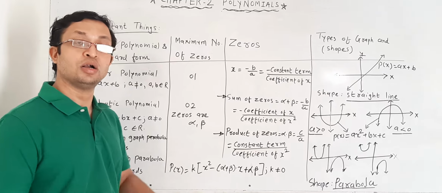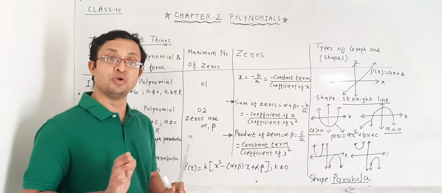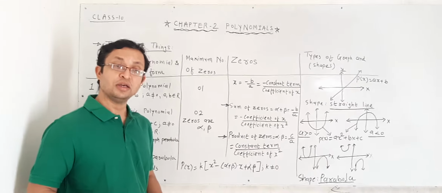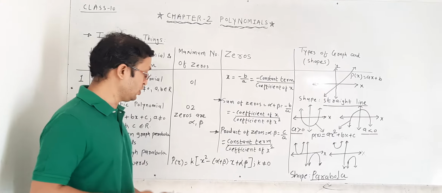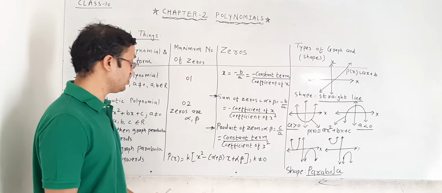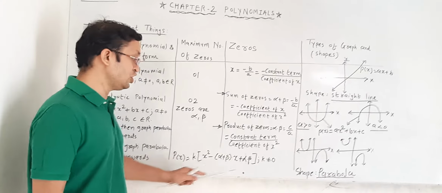That is how you convert to a quadratic polynomial. You find the quadratic polynomial if the sum of zeros and the product of zeros are given, in exercise 2.2 question number 2. This depends entirely on this formula. So remember this one, the sum of zeros and product of zeros. Substitute the values in this form, then you find the quadratic polynomial.